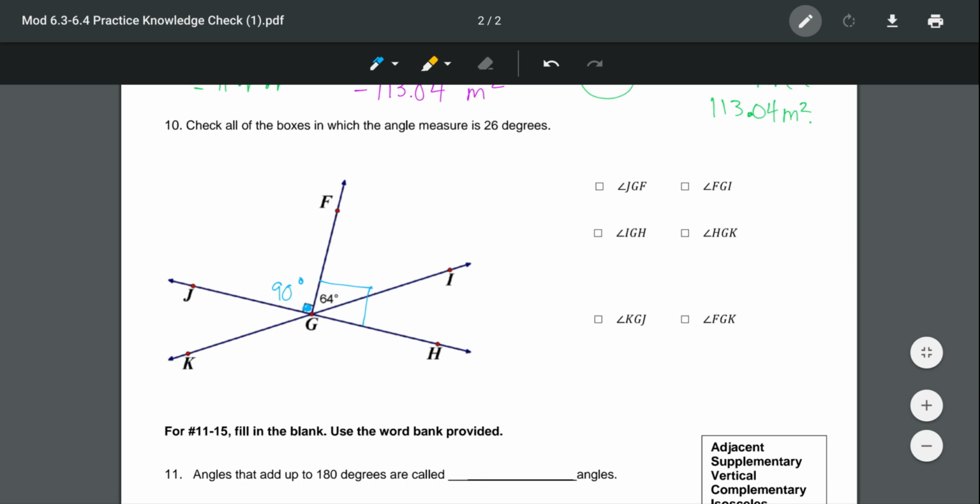Because JGH is a straight line, if JGF is 90, then FGH has to also equal 90. To figure out this missing piece, IGH, you can just take 90 minus 64.